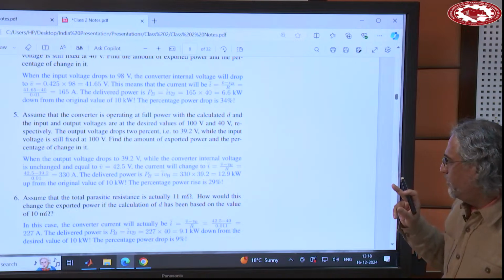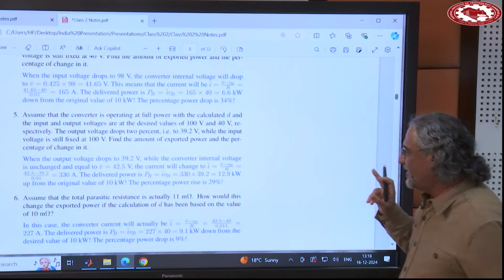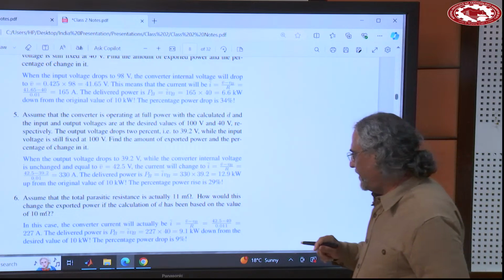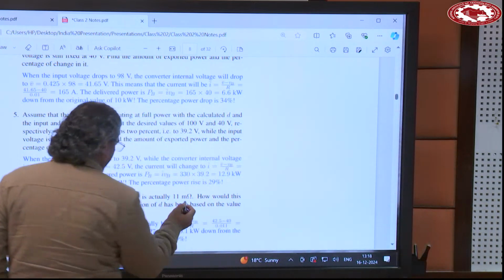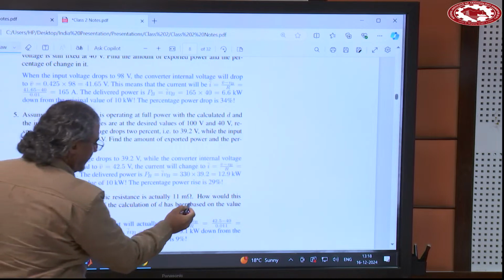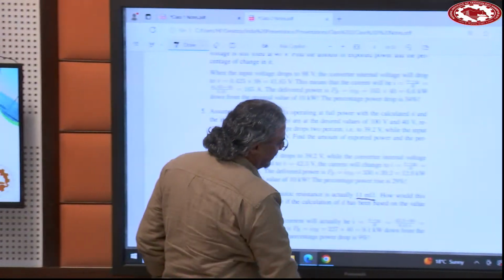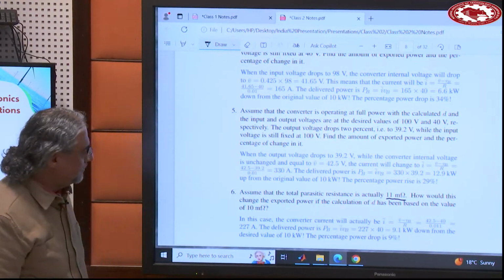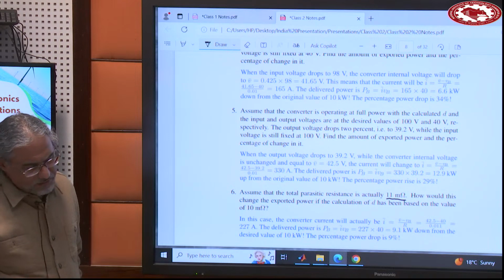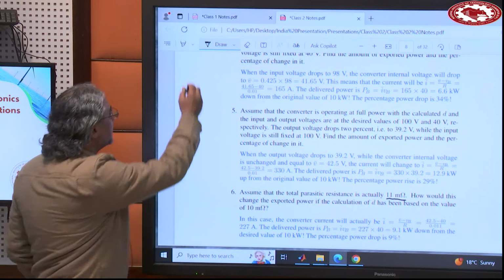But VA and VB are not the only ones. Another thing is R. It is also sensitive to R. Let's say now our resistor is, rather than 10 milliohm, 11 milliohm. We assumed it is 10, but it turns out to be 11.